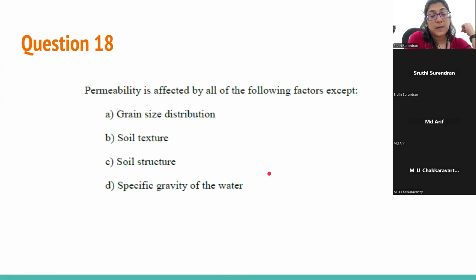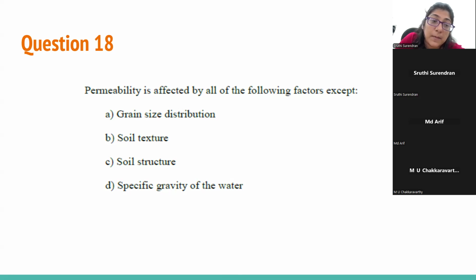Now, next question. Permeability is affected by all of the following factors except for one. Which factor is that? We did talk about what all factors porosity depends upon.